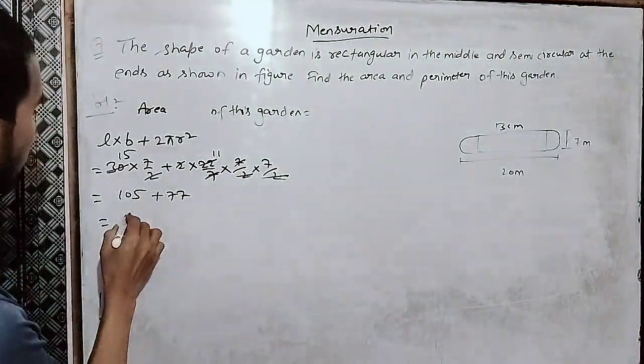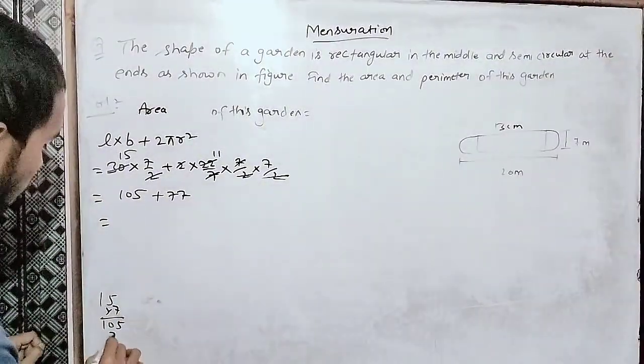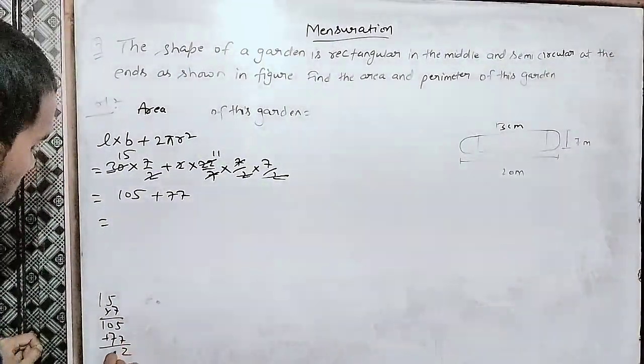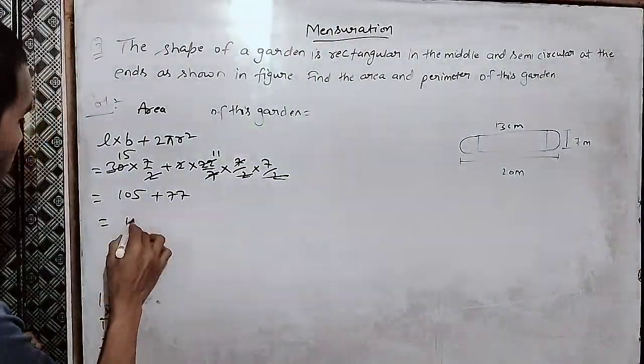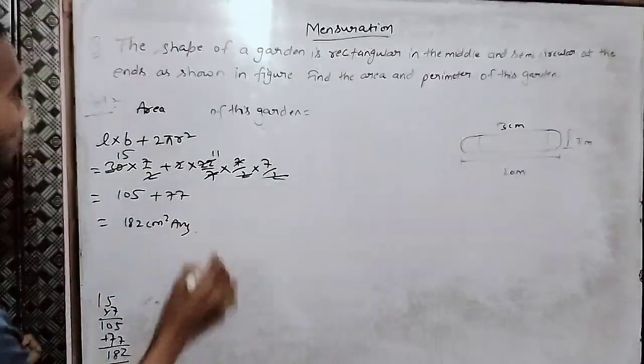We have 105, 77, which is 182 centimeters. I hope this will be right.